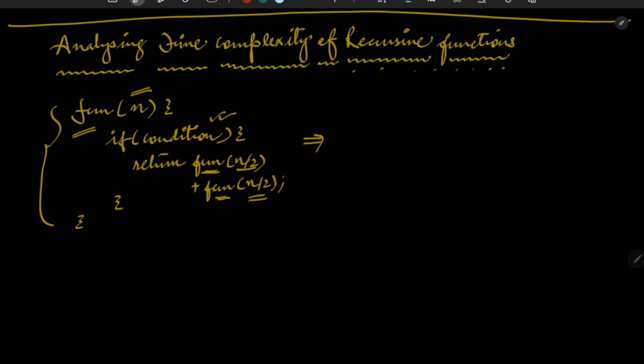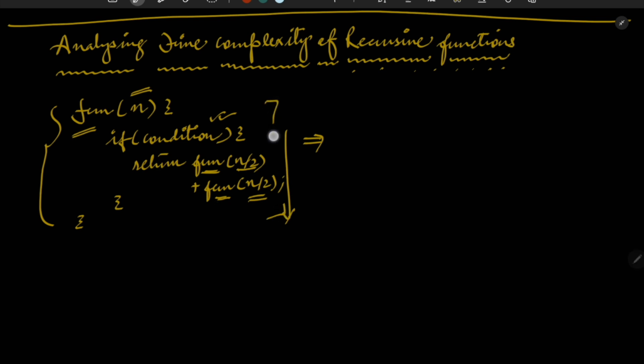In this case, we don't really know how many times this is going to run, because this depends on the base condition, and you don't know how many times this will be executed until the base condition is met.